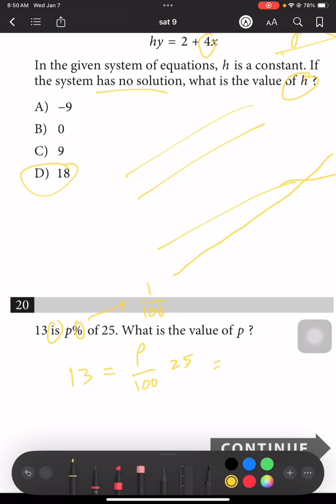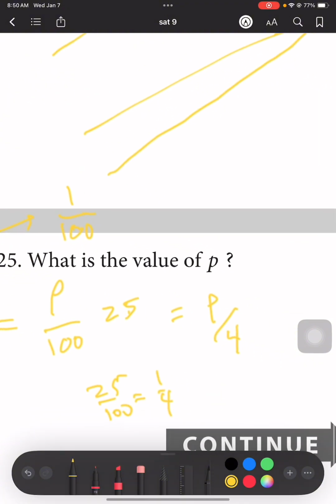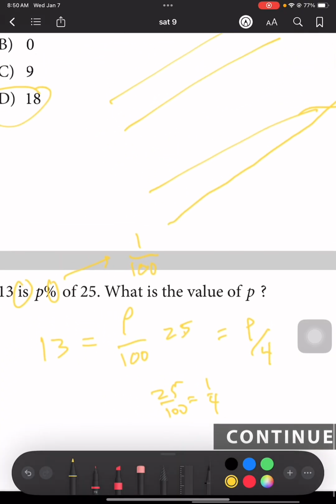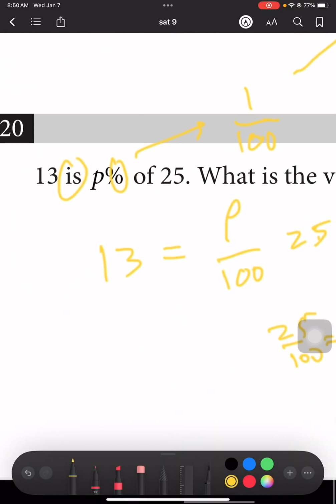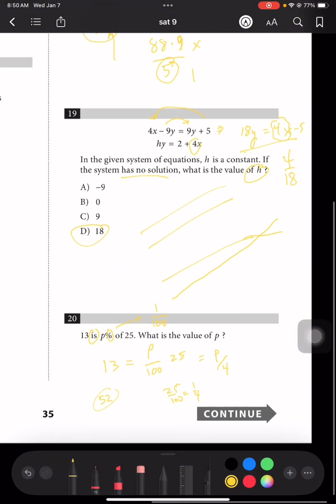Now that's equal to P over 4, because there's 25 over 100. See, 25 over 100 is equal to 1/4. So it's 1/4 times p, which is p times 1/4. P times 1 is just p. Now multiply by 4, so you get 52. That's the answer, when you multiply 4 times 13.